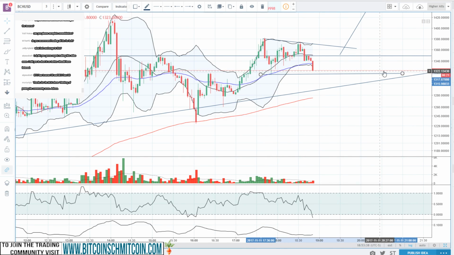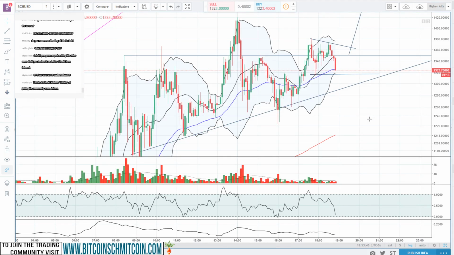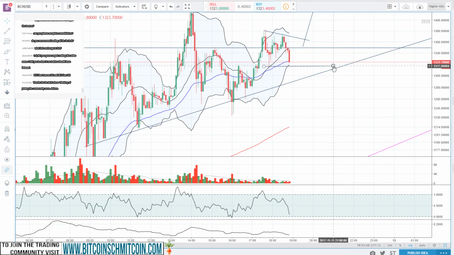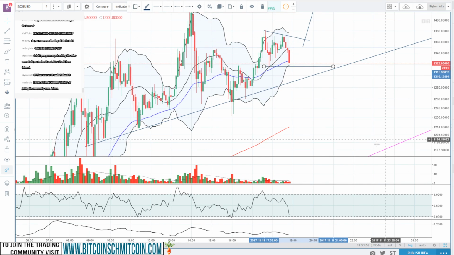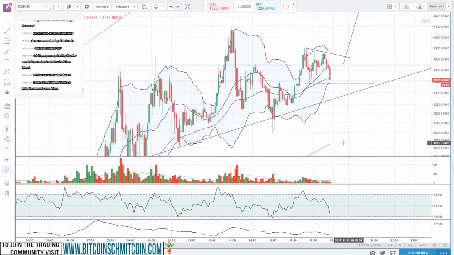So here's the low. Still not very much volume here either. This is interesting.